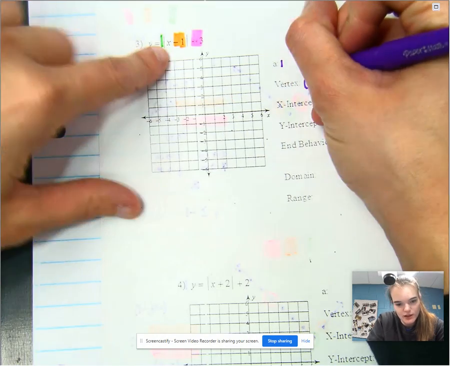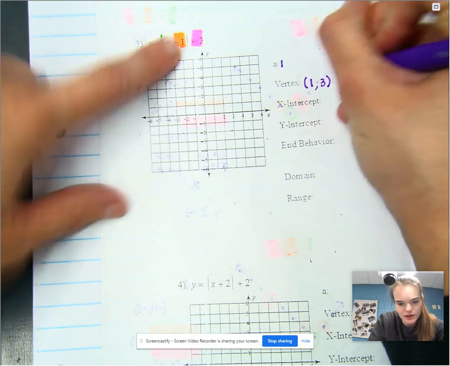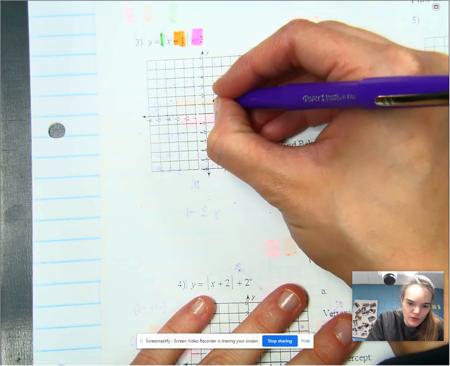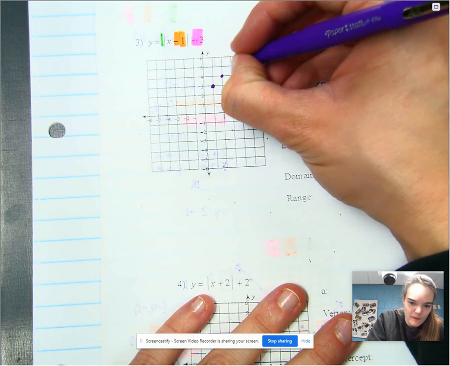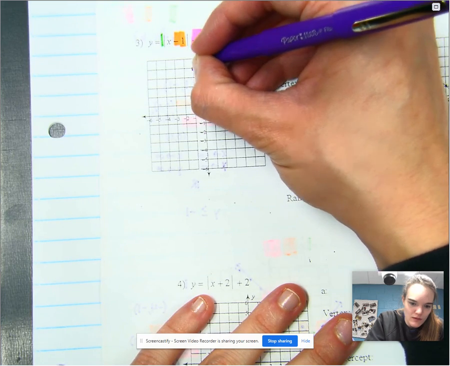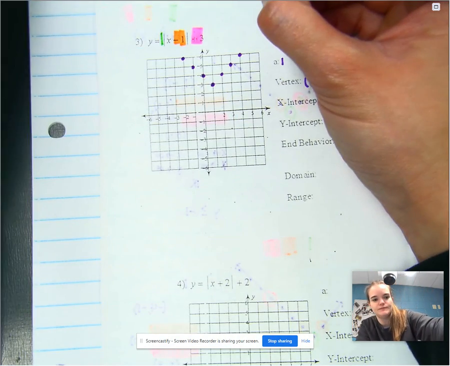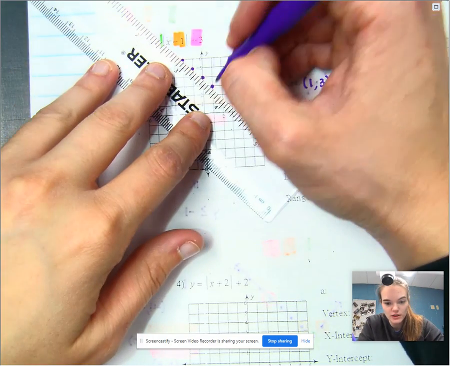The vertex is the opposite, so positive 1, and the same, so positive 3. So put a point on 1, 3. And then go up 1 over 1. Okay, and connect it. You absolutely should be using a straight edge to connect it.